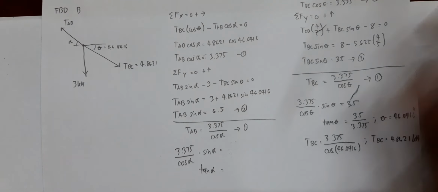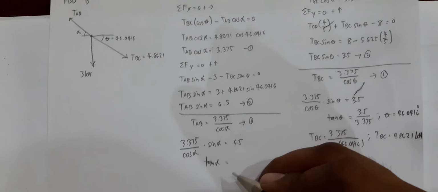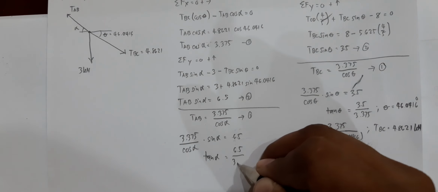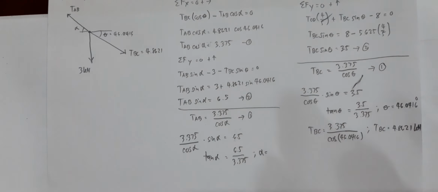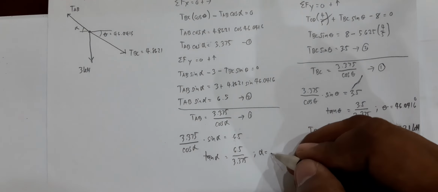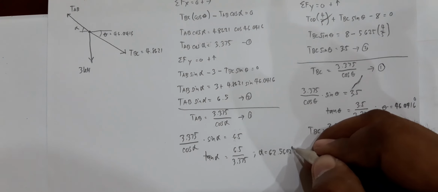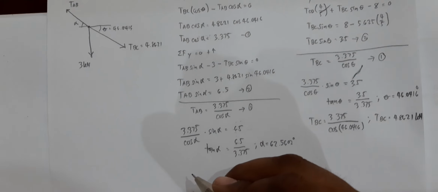So tangent of alpha is equal to 6.5 over 3.375. Calculating for alpha, alpha is equal to 62.5602 degrees.